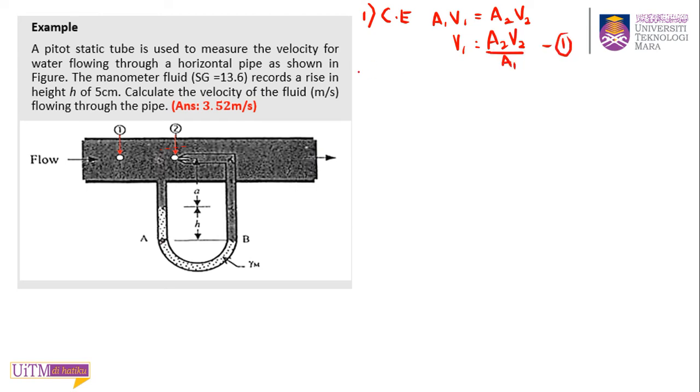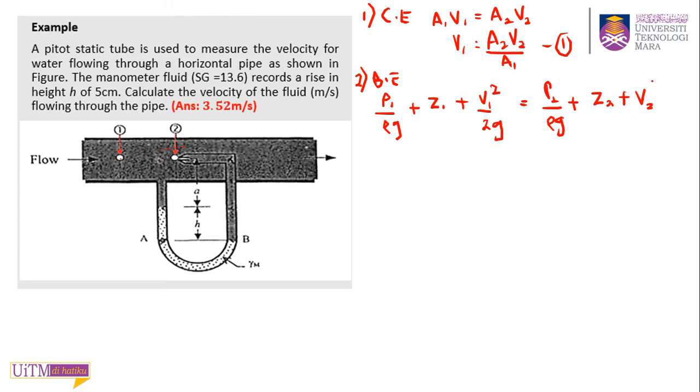Okay, and your second equation is your Bernoulli equation. This is your point 1 and this is your point 2. So P1 over rho G plus Z1 plus V1 squared over 2G equal to P2 over rho G plus Z2 plus V2 squared over 2G.